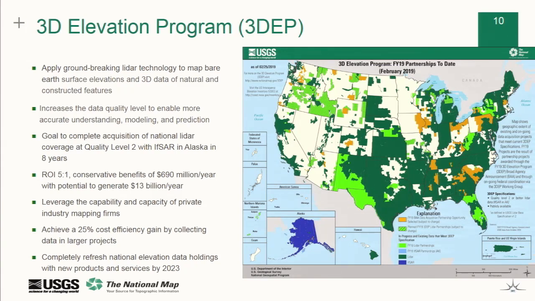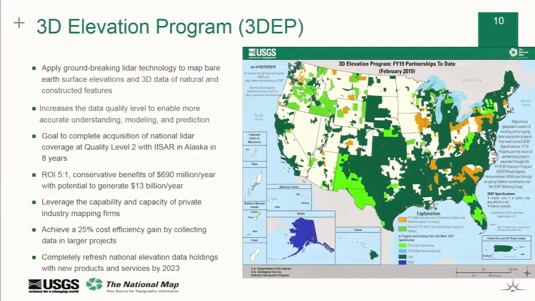There's now a 2.0, but most people refer to the 1.3 LiDAR base spec. And I also want to stress this is a very cooperative program. We work with states, we work with other federal agencies, and lots of contractors to get the LiDAR collected and processed.